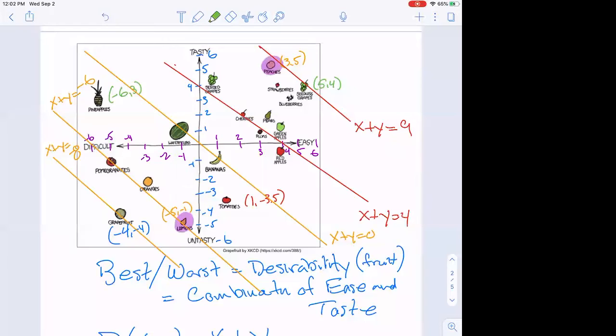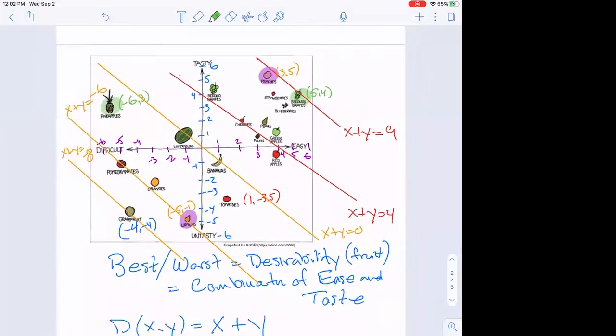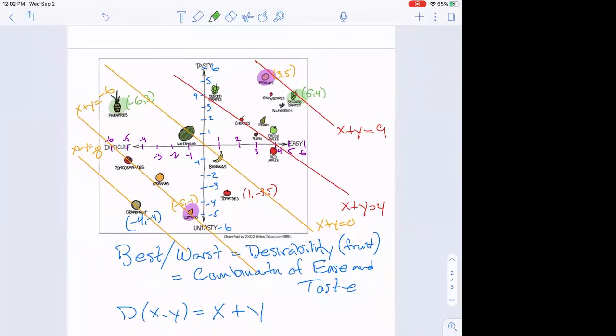Then it might be seedless grapes are the best because they're easiest, pineapple's the worst because it's hardest. But really, best and worst might be some combination of the two. So maybe you could come up with a formula for the desirability, the combination of how easy it is and how tasty it is. And in that case, what's nice is you get a line like these two.